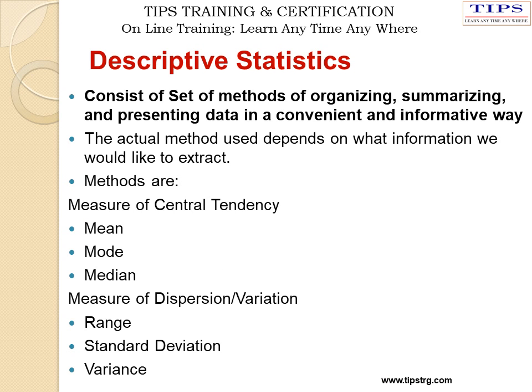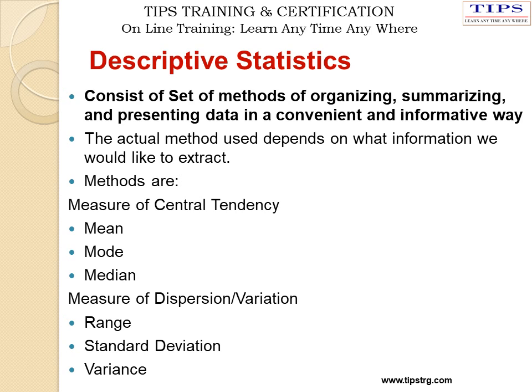What is exactly descriptive statistics? It consists of a set of methods for organizing, summarizing and presenting the data in a convenient and informative way. The actual method used depends on what information we would like to extract.